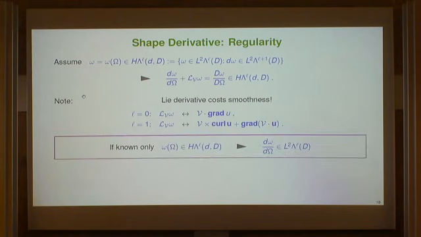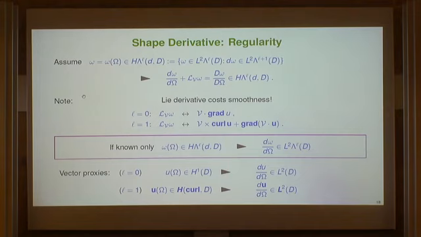And so this reduction of smoothness through the Lie derivative, of course, affects the shape derivative, because the Lie derivative involves a first order differential operator, so the shape derivative can only be in a reduced smoothness space, and it will be an L2 space if you start from the Sobolev space. So shape derivatives can have reduced smoothness.